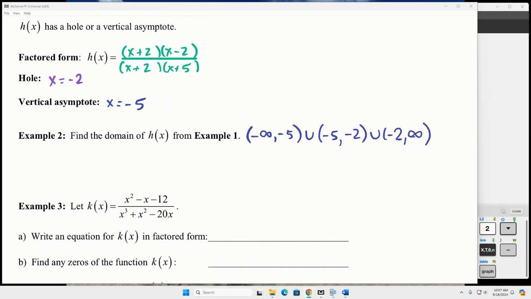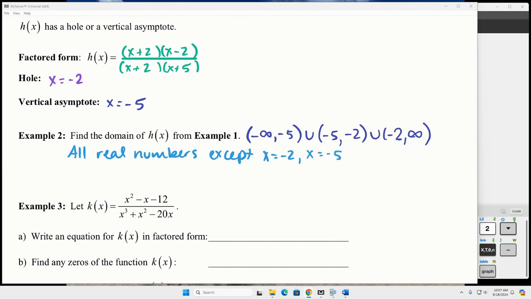All right, so I feel like that might be how the domain would be written on a multiple choice question. It's also possible it'll be written in words. So this is way easier to do in words. So if we were going to do this domain in words, we would say all real numbers except x equals -2 and x equals -5.